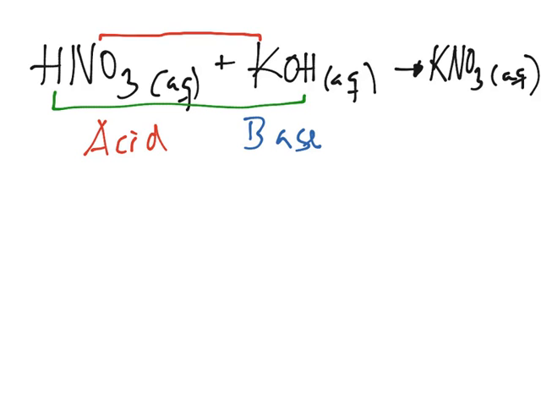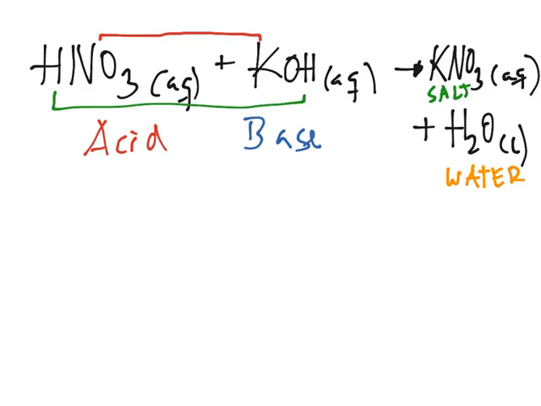And then we have hydrogen and hydroxide, so that will be our water. That is liquid. So we have our salt and the water. And that is how a neutralization reaction usually occurs.